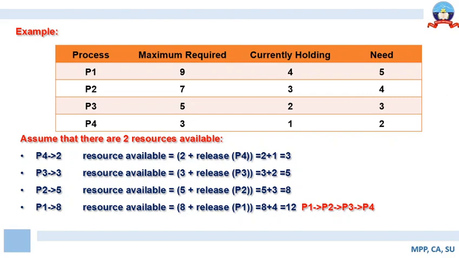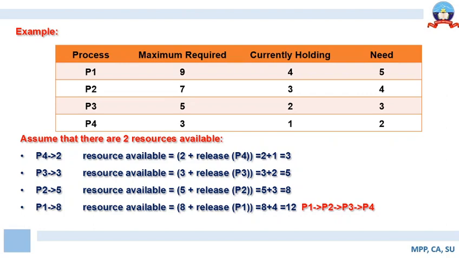So after completion of P4, the total number of resources available will be 3. Why 3? Because 2 was assigned to it and 1 it was holding. So on completion of its execution, it will release all the resources. So it will be 2 plus 1, that is equal to 3.